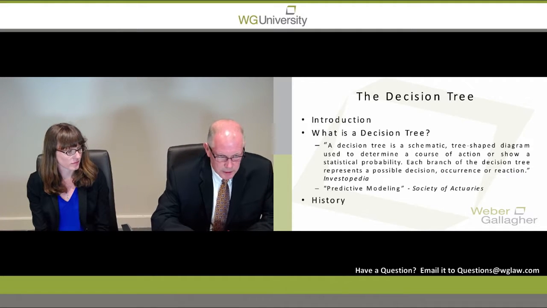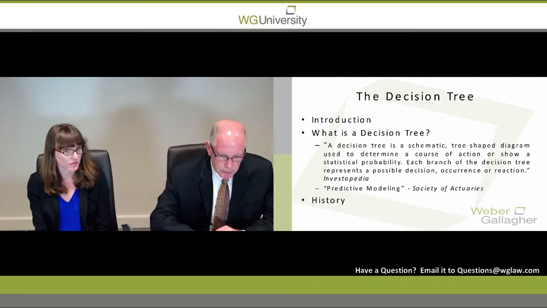The Society of Actuaries calls it predictive modeling, and it is to a large extent predictive modeling if you use it over numerous cases and over the same claim types over and over again.